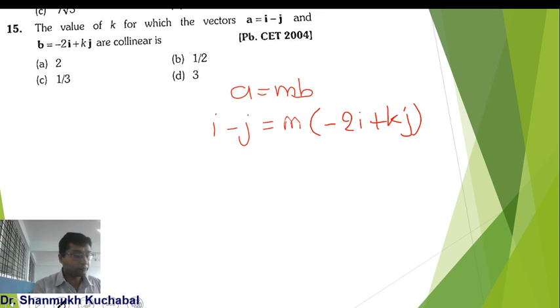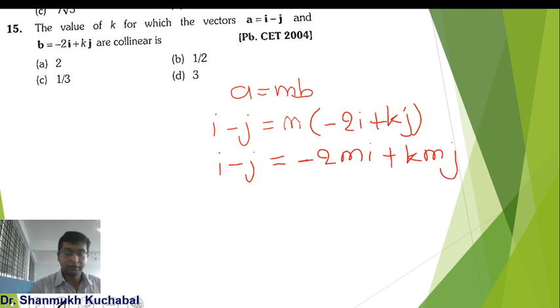Multiplying by m, i minus j equals minus 2m i plus km j. Equating the i coefficients and j coefficients, we get m as minus 1 by 2, and here we get k equal to 2.